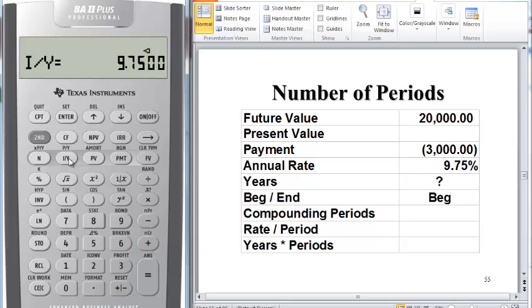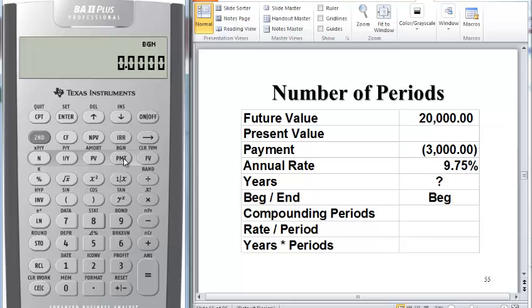But I need to change this to beginning, and that's why, if you notice, the rubric that I use here has a little deal down here at the bottom where you can say beginning and ending while you're working on the problem. So to change this, I can go to second payment, and I need to change that to beginning, and then just set that in place.